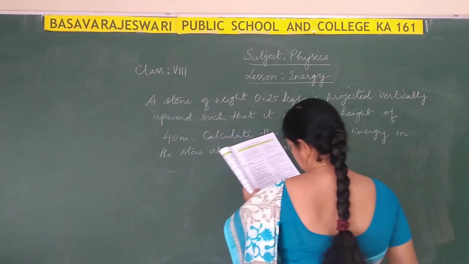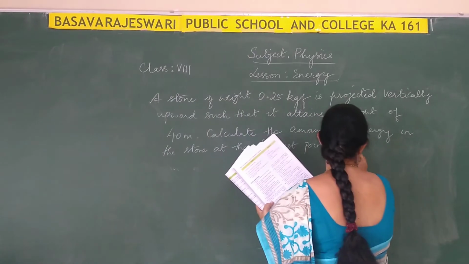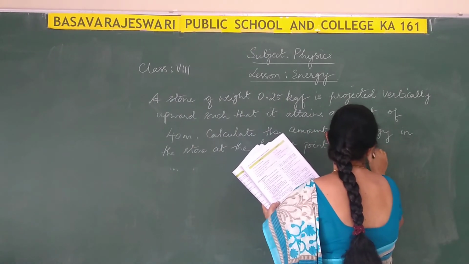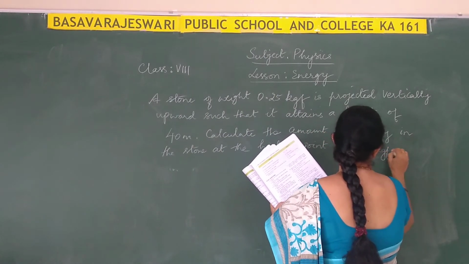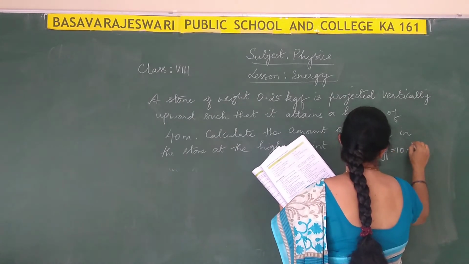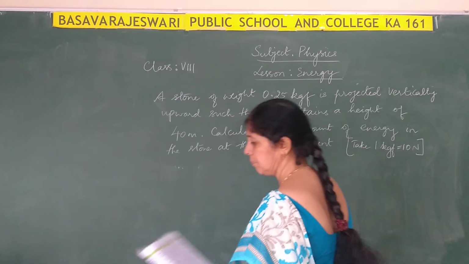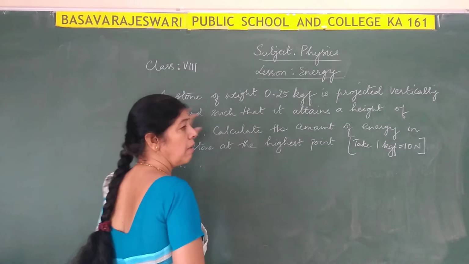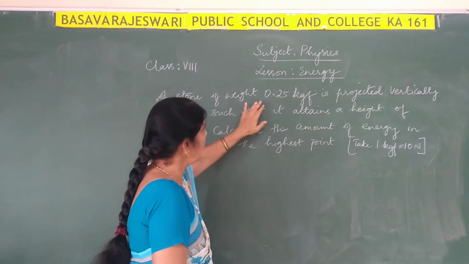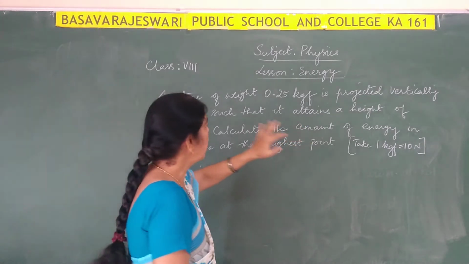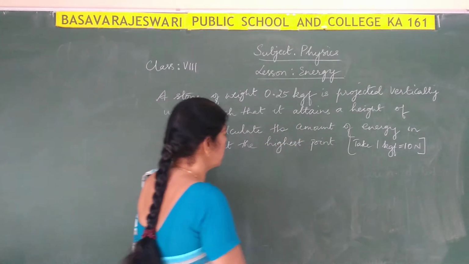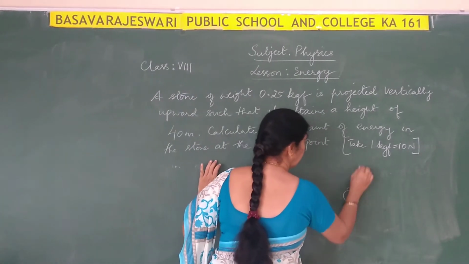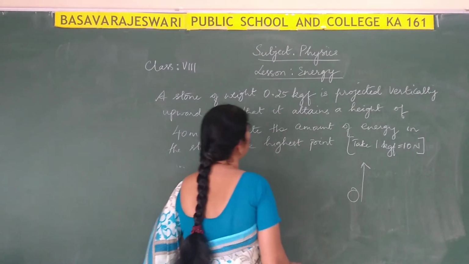Okay. Now, what we are given: take 1 kg is equal to 10 Newton. Once again, I will read the problem for you. A stone of weight 0.25 kg is projected vertically upward. So a stone is projected upwards. And what is the weight of the stone?